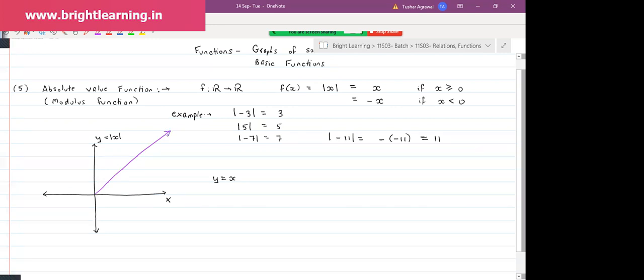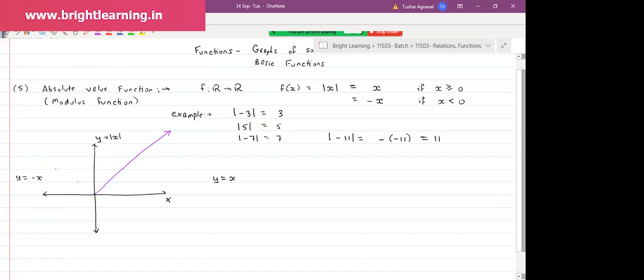Okay. And for the left-hand side part of the y-axis, that is for x less than 0, what graph do you have to draw? You have to draw the graph of y is equal to negative of x. So y is equal to negative of x, or when x is minus 1, y is equal to plus 1, x is minus 2, y is equal to plus 2, x is minus 3, y is equal to plus 3.